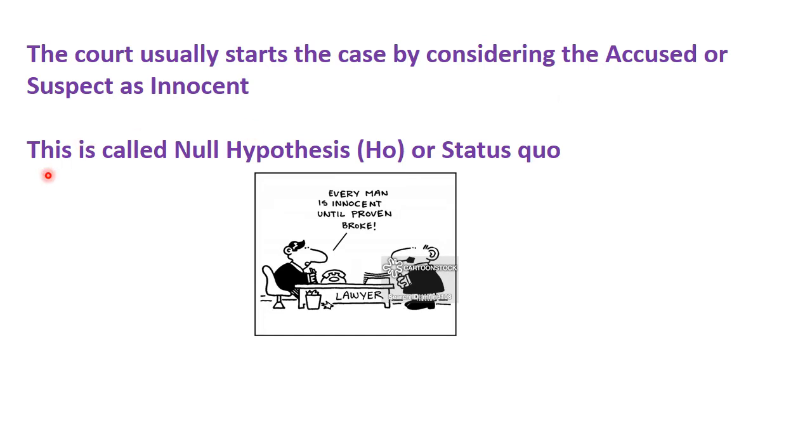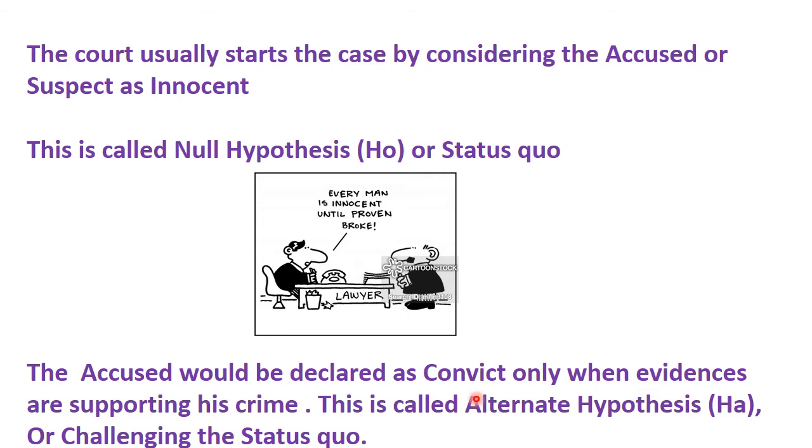That means the court is considering all are equal. This is called the null hypothesis or status quo. The accused would be declared as convict or guilty only when evidences are supporting his crime. This is called the alternate hypothesis or challenging the status quo.